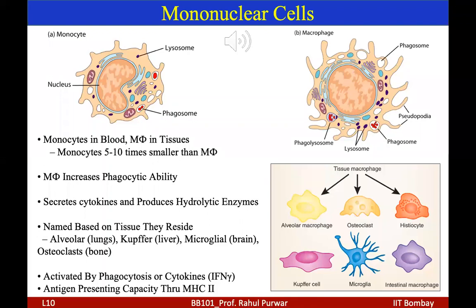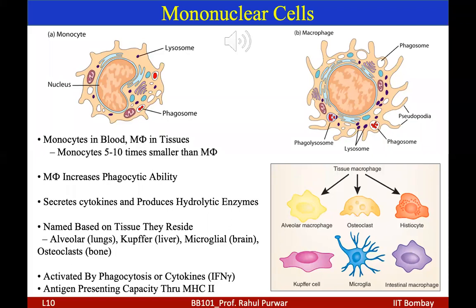On the top, both left as well as right, you see the phagosome. Phagosome is the vesicle where they have phagocytized the microbes. They secrete cytokines and antimicrobial enzymes, and using those cytokines and the hydrolytic enzymes, they kill the microbes. Based on the tissue they reside in, they are called different types.